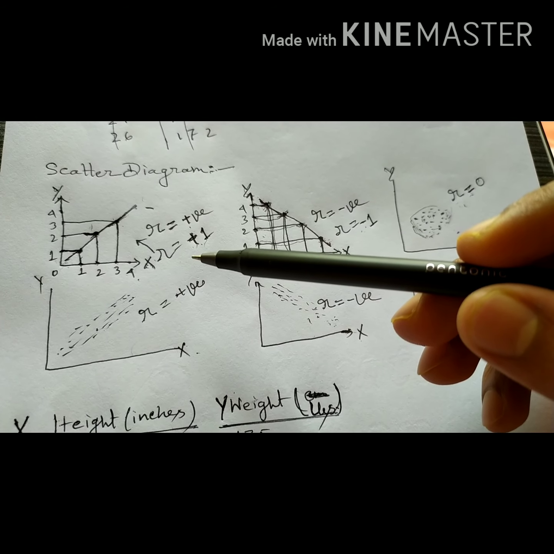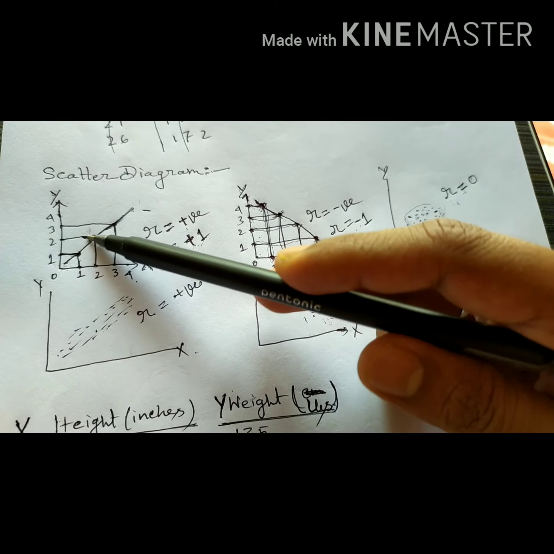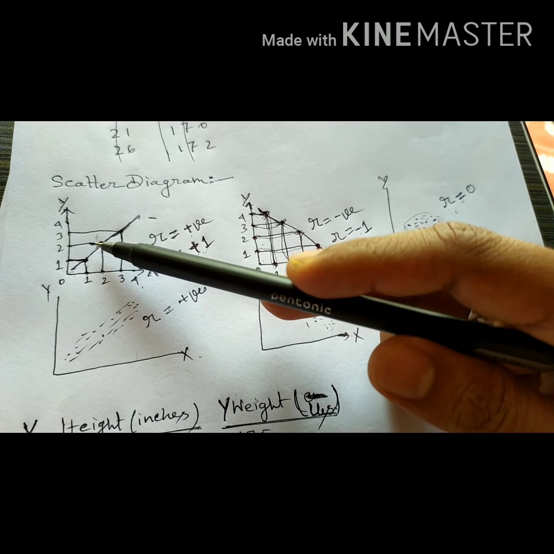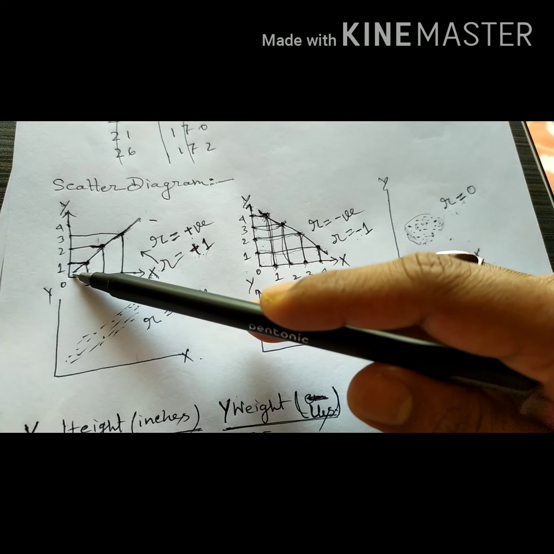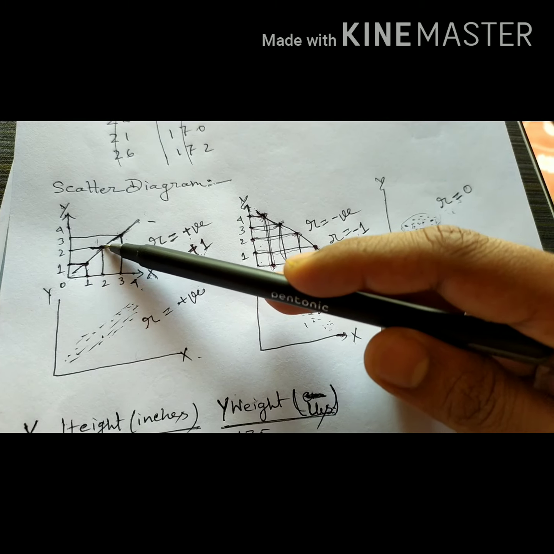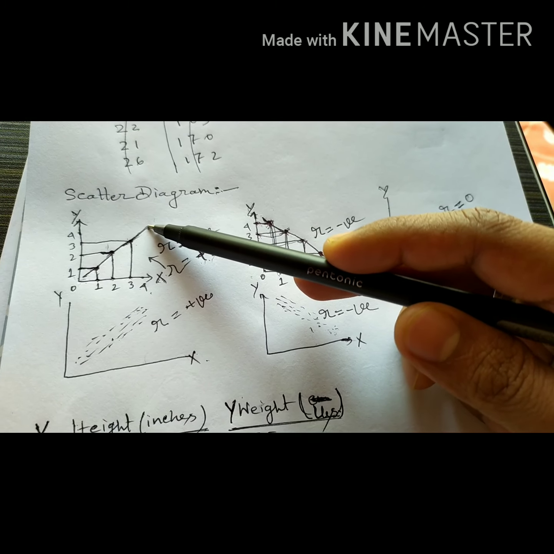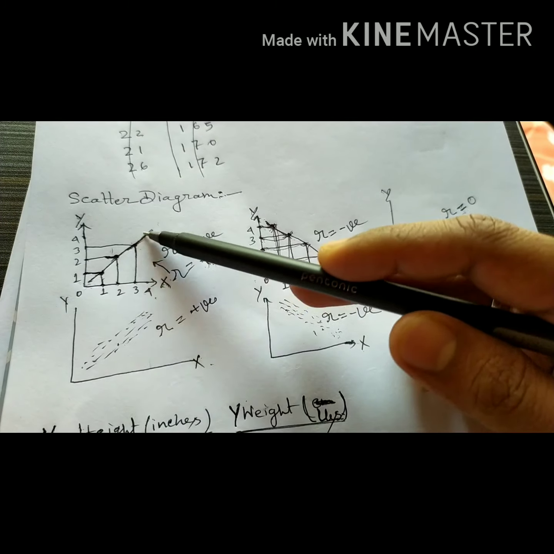If the pattern of points, or dots, on the scatter diagram shows a linear path diagonally across the graph paper from the bottom left corner to the top right corner, then we can say the correlation is positive.